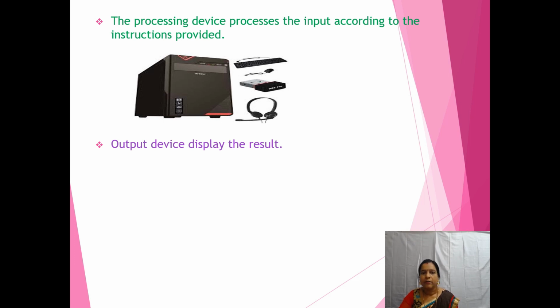We give the input 4 plus 4, it will convert it and give the output result, 4 plus 4 equals 8. Any type of equation, addition, subtraction, multiplication, or logical operation like less than, greater than, will be converted and it will give the output result. That all happens in the arithmetic and logical unit.